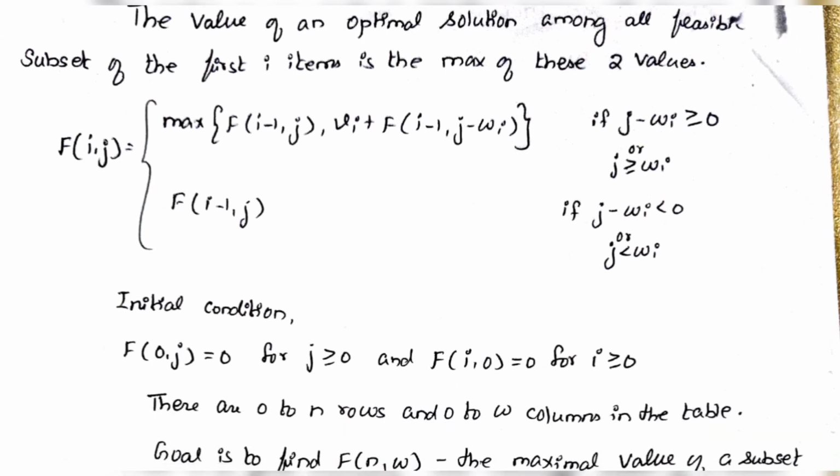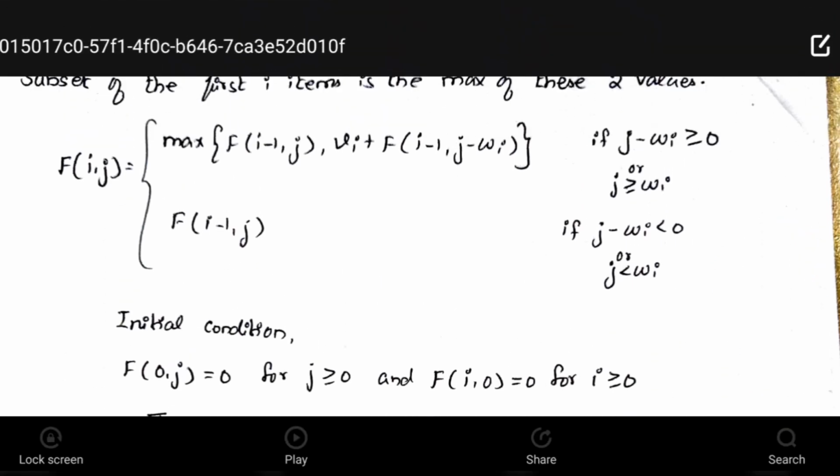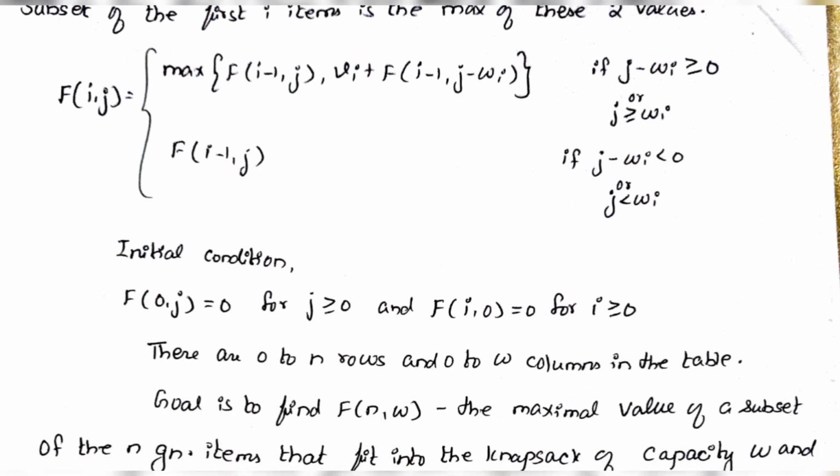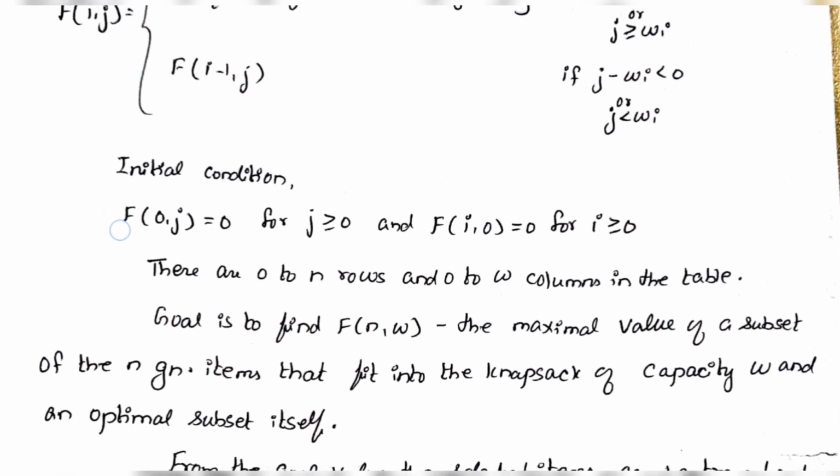You have to remember this formula, which gives you the maximum of F of i minus 1, j and vi plus F of i minus 1, j minus wi, when j minus wi is greater than or equal to 0, or j is greater than or equal to wi. If j is less than wi, that is, if j minus wi is less than 0, then F of i, j equals F of i minus 1, j.